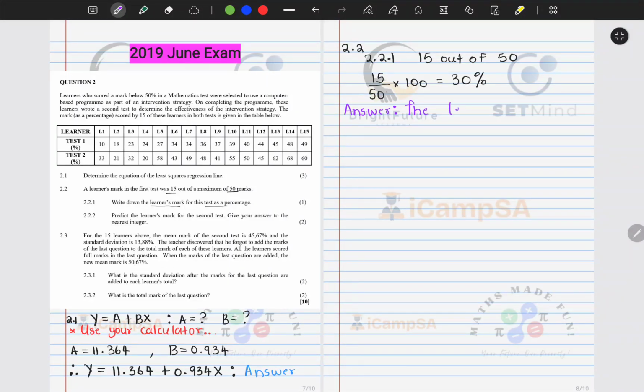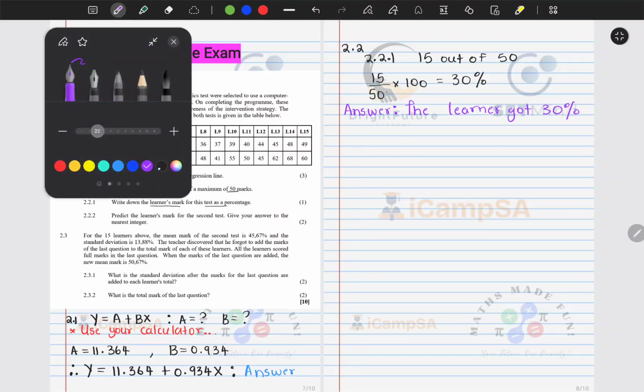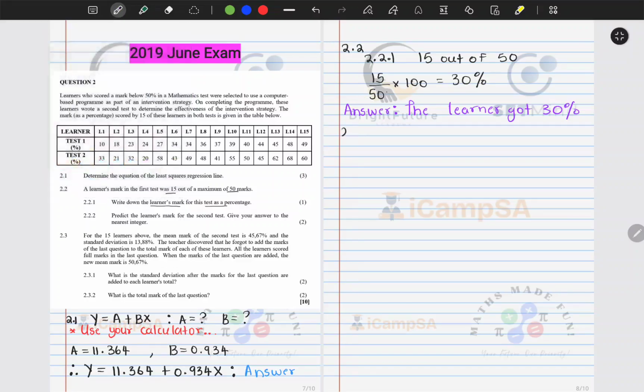So let's go ahead. The learner got 30%. Okay. Now let's go to 2.2.2. So 2.2.2, they say predict the learner's mark for the second test. So remember, X is telling us about test 1, of which the learner got 30%. Now we are worried about Y, which is test 2.